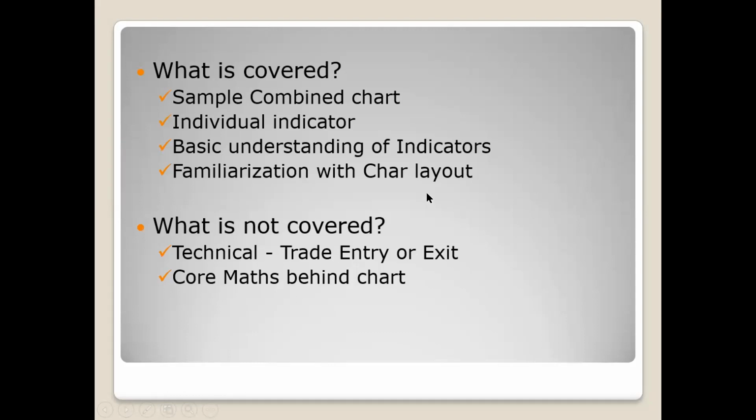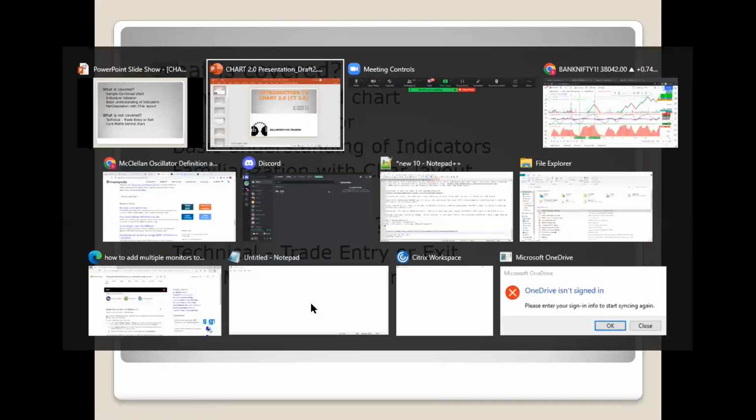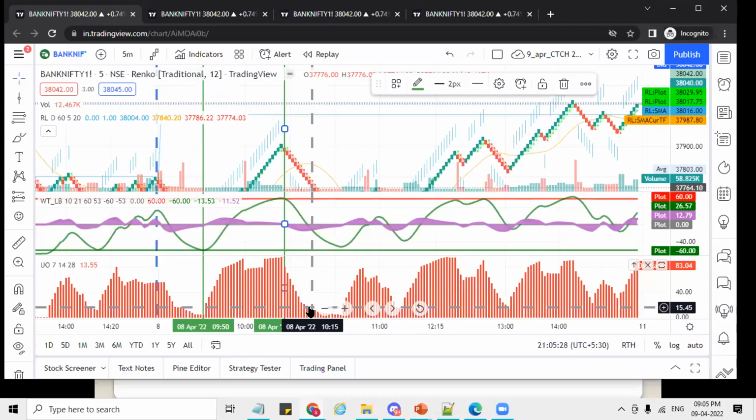What I am covering is the sample combined chart, the individual indicators and a basic understanding of these indicators, and familiarization with the chart layout. What is not covered is the trade entry or exit, and the core maths behind the chart. Meanwhile, I may switch across TradingView.